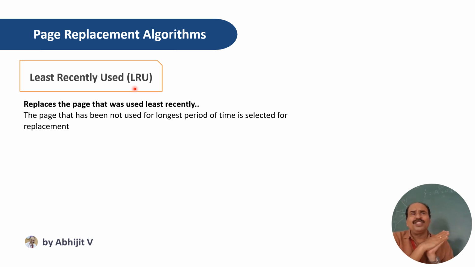Sometimes the first one that came in might be the one that requires more time for processing, so in that case, first in, first out might not be very suitable. The next one is the least recently used. It takes a list of all processes that were done recently, and the one that is least used is replaced.